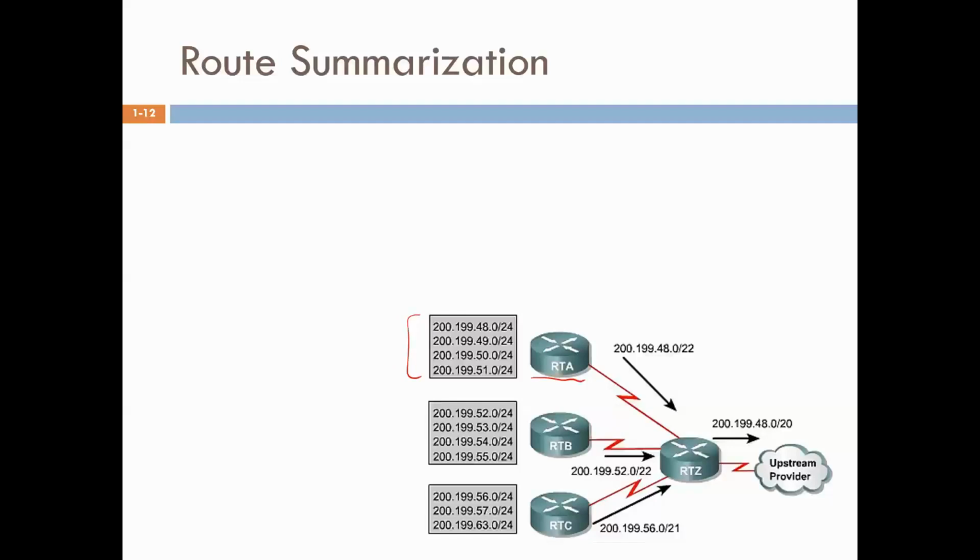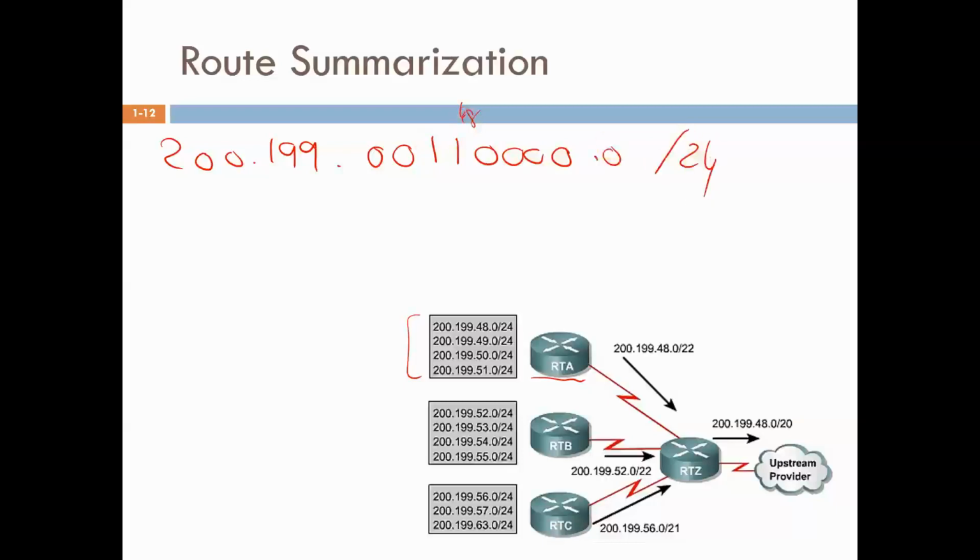How does this work? Let's take the first address, 200.199, and I'm going to convert 48 to binary. So it will be 00110000. So this here is 48, and then .0/24.